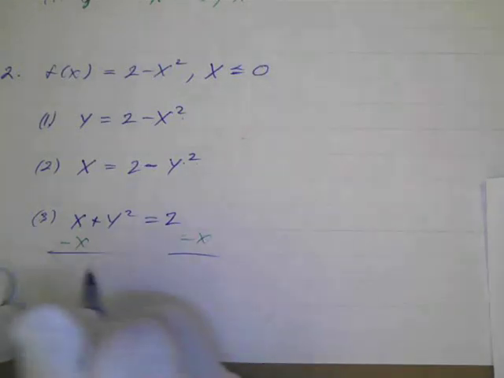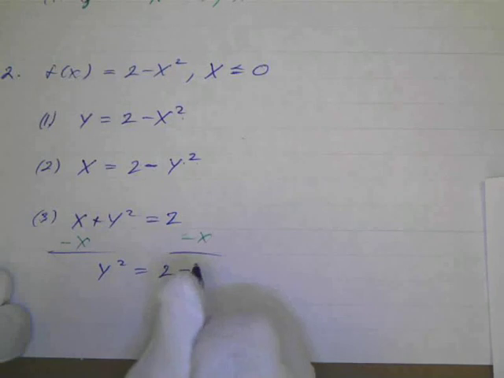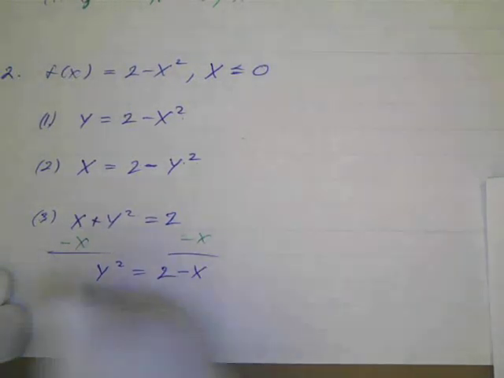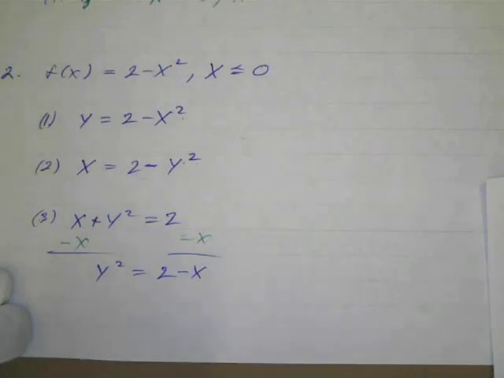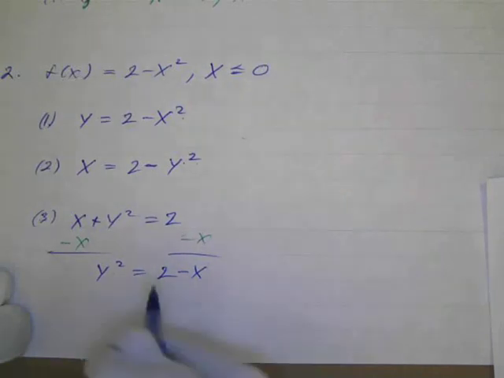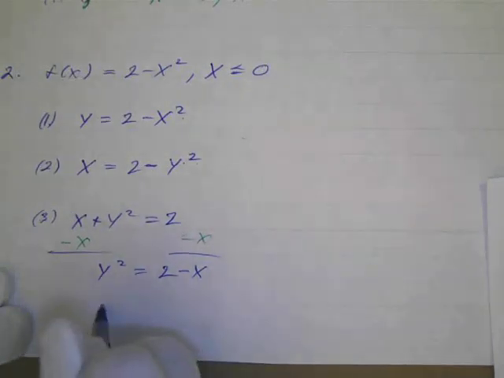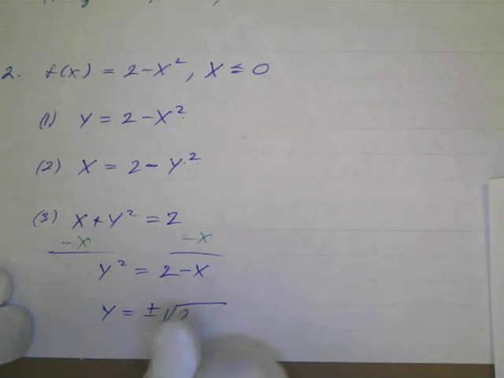And this ends up being y squared equals 2 minus x. And then if I want to solve for y, I know that by my square root rule, if something squared equals a quantity, then that something equals plus or minus the square root of the quantity. So y equals plus or minus the square root of 2 minus x.